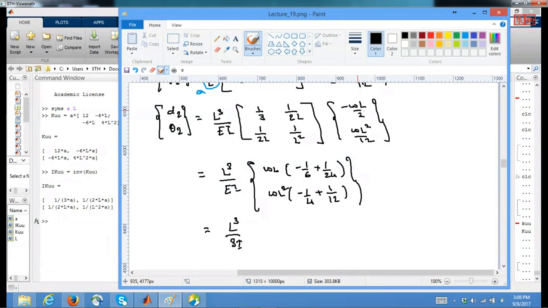Since I've already taken WL square common, so WL. If I take W common, then 1 by 2 minus 1 by 4, and this is perfect.